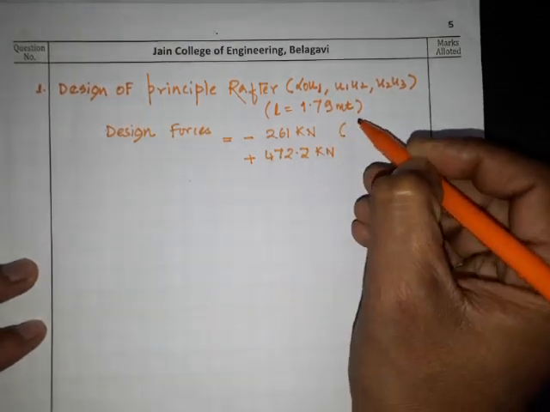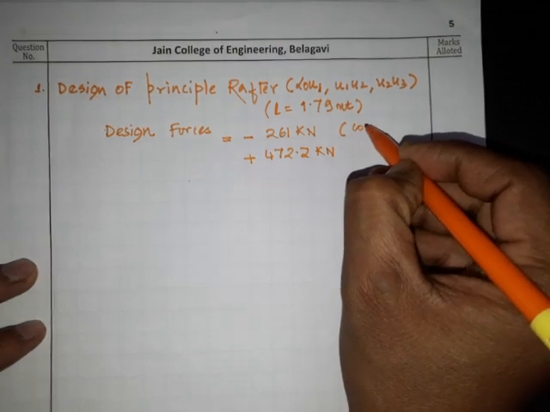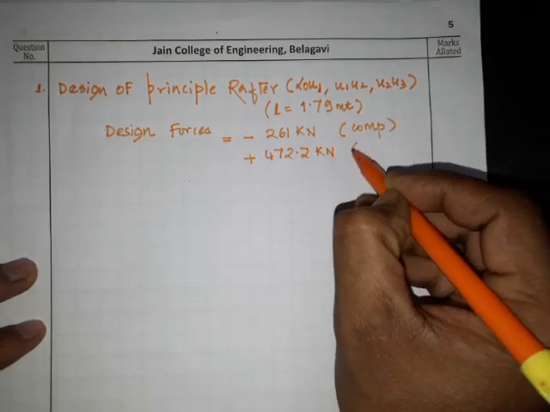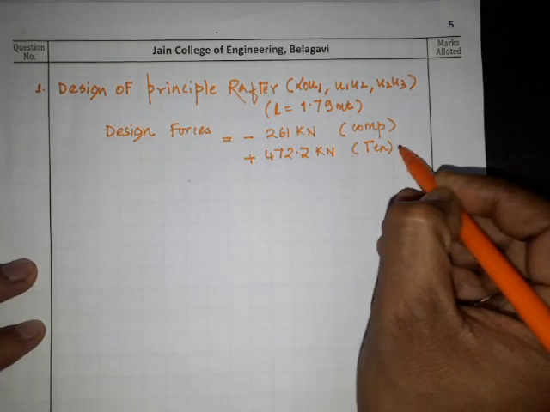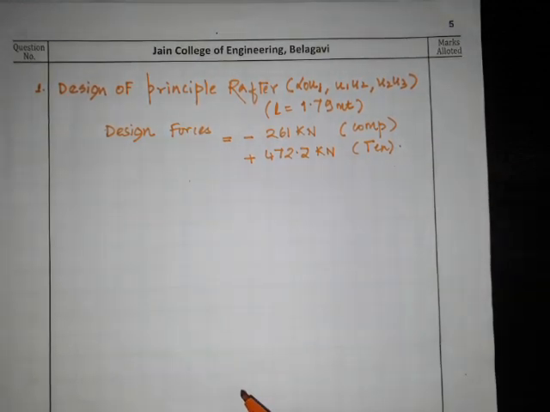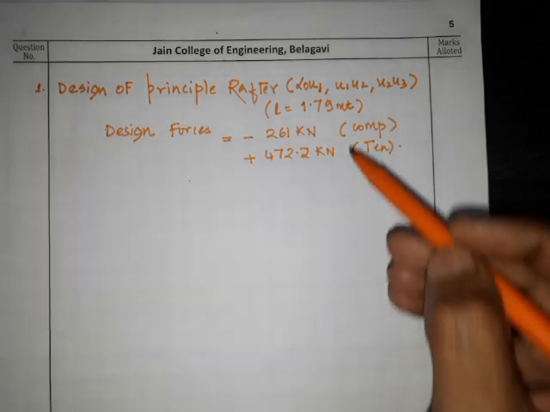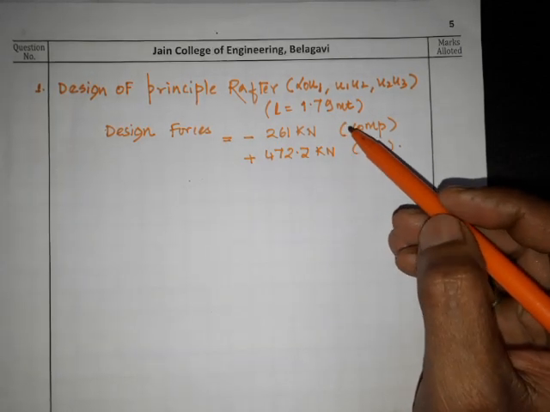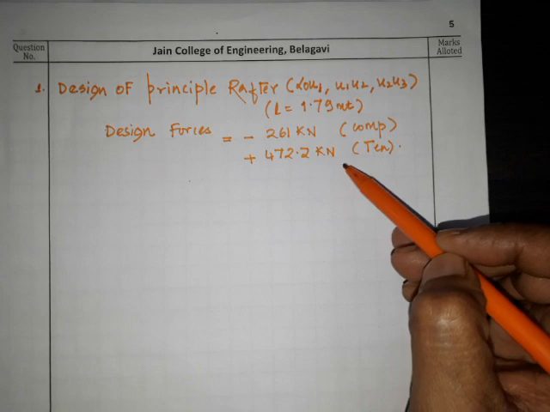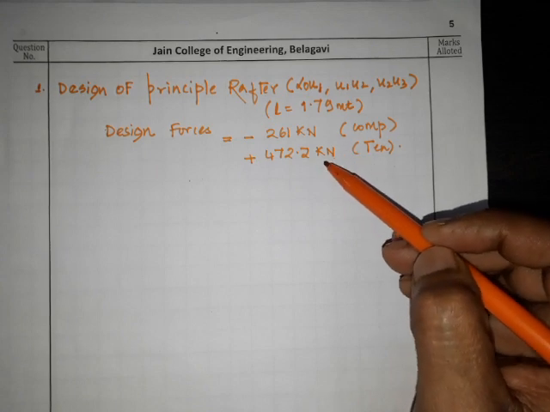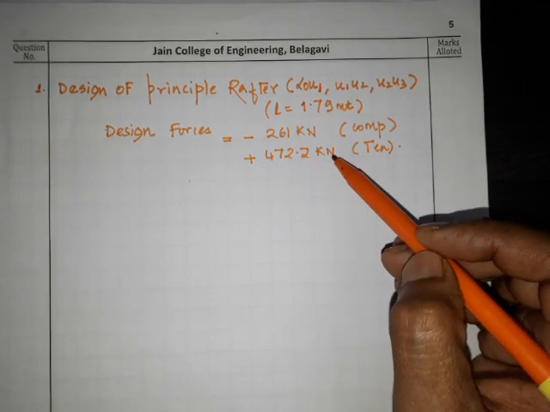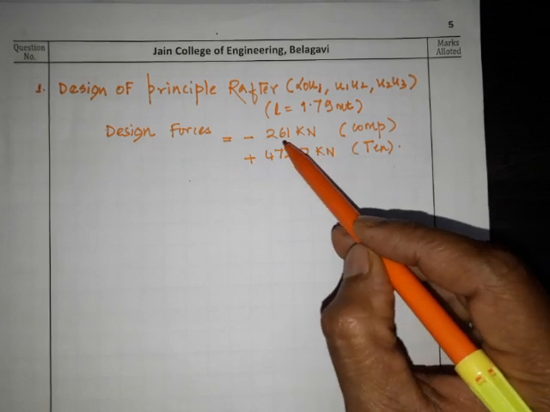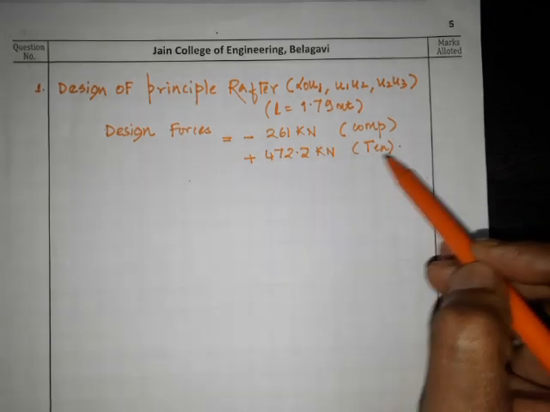This is for compression, this is for tension. Now if you look here, out of these two, the maximum force is tension. So what you have to do? You have to consider the maximum force, that is tension.